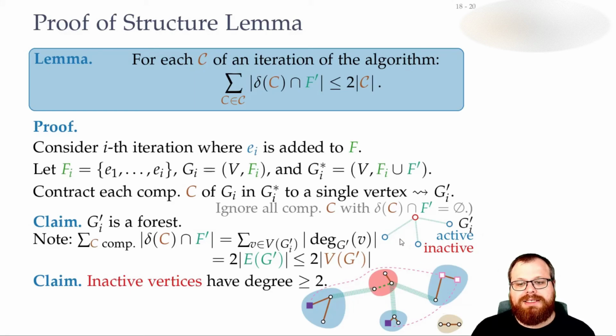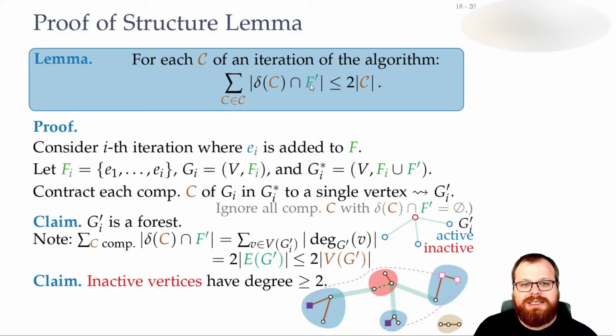So the only way that this is in the graph is if it has degree at least 2. For example here, this component connects to it, and then there's another one that connects to this component, such that we can connect these 2 terminals. So the red vertices, the inactive ones, have degree at least 2.